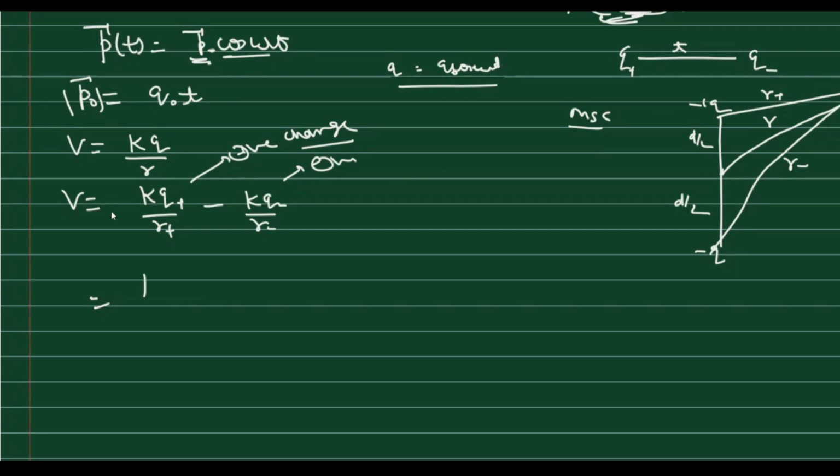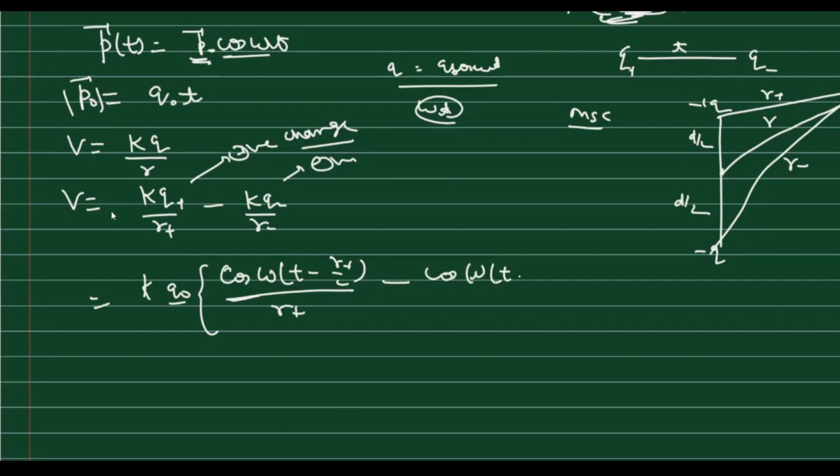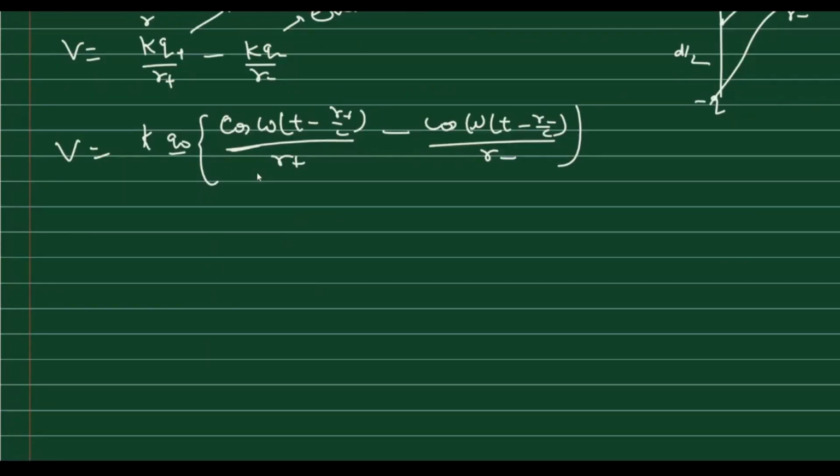So k q naught, into q plus is q naught, we have taken the magnitude outside, cos omega (t minus r plus upon c) divided by r plus, minus cos of omega (t minus r minus over c) divided by r minus. Okay, this is now the potential ड्यू टू ए डाइपोल. लाइक जनरल फॉर्म हमने लिख दिया, अब इसे हम सोल्व करेंगे.